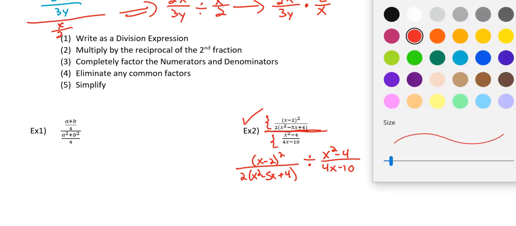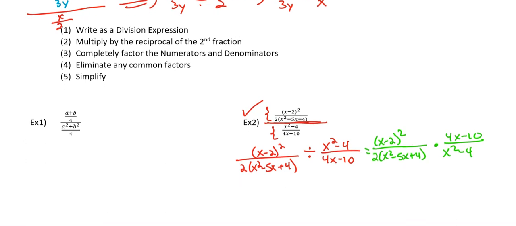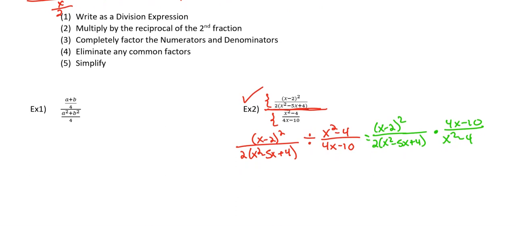Now we need to rewrite it, so it's not division, it's multiplication. So let's do that. It'll be x minus 2 squared over 2 times, all right, so that would be what it would look like now that we have multiplication.